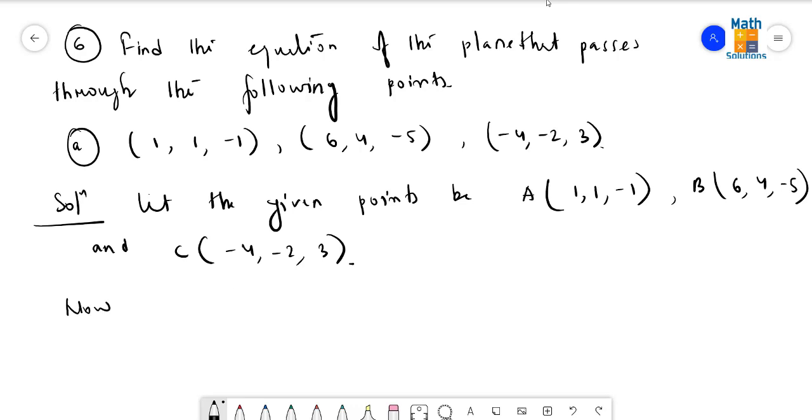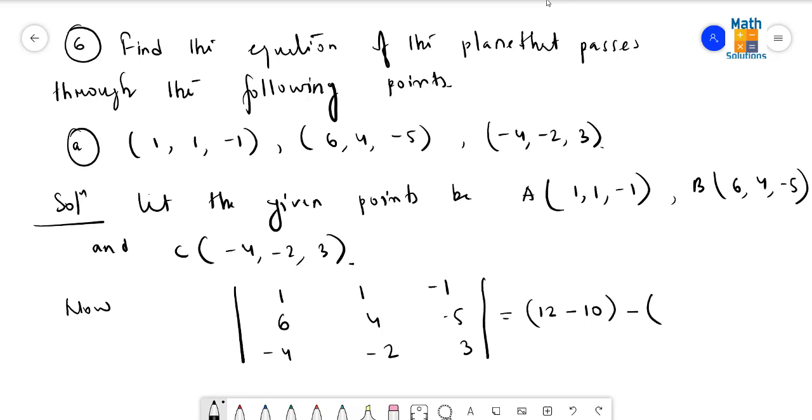Now arranging these points in determinant form, let us check what result we get. Coming to the result, we shall be getting 12 minus 10, then 18 minus 20, then minus 12 plus 16.